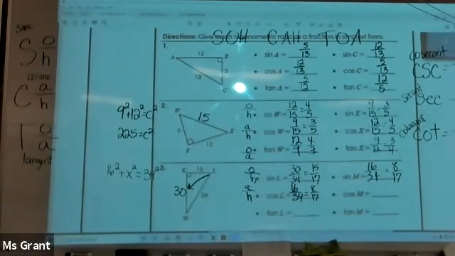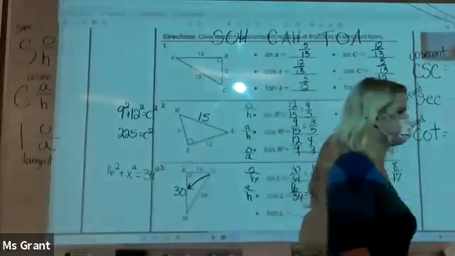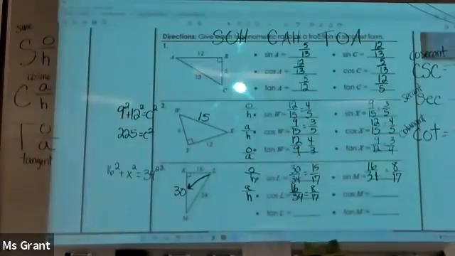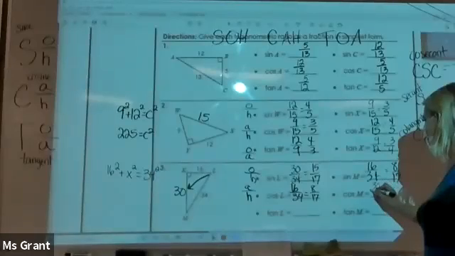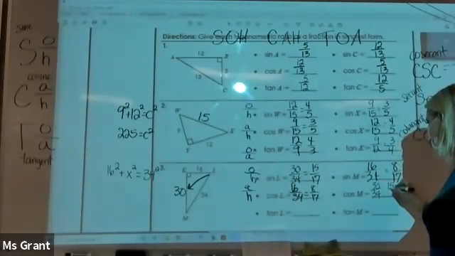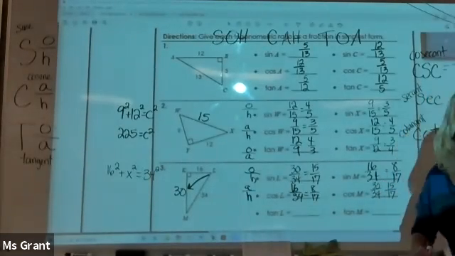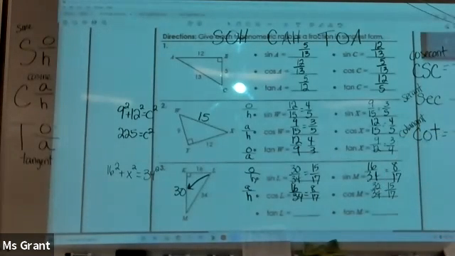Cosine of M. Someone on Zoom. 15/17. 30/34. Reduces to, yes, 15/17. Very good.